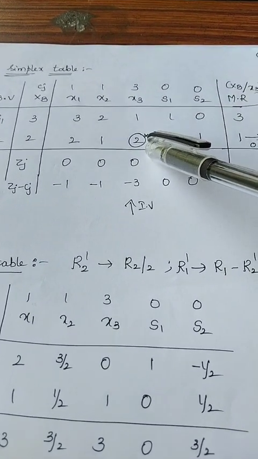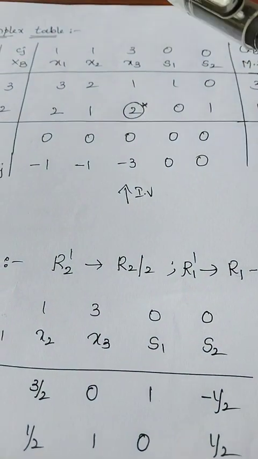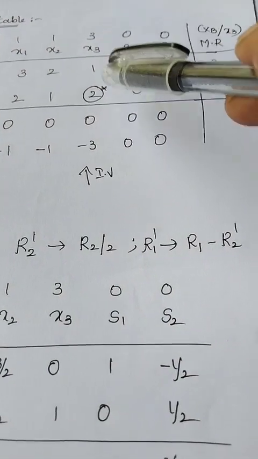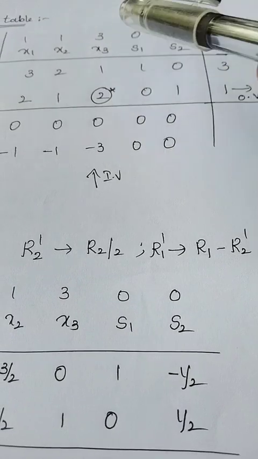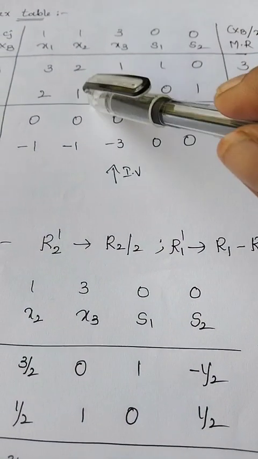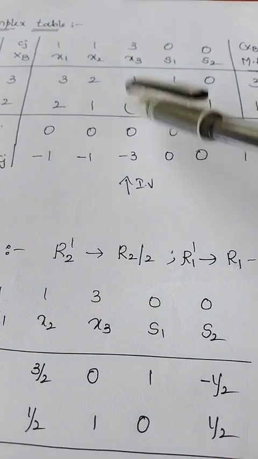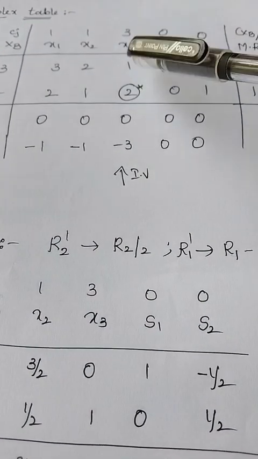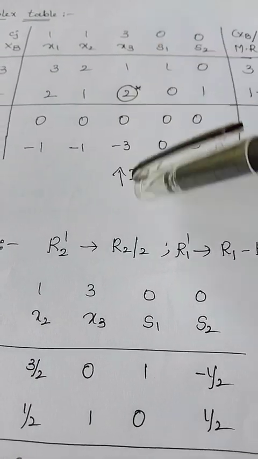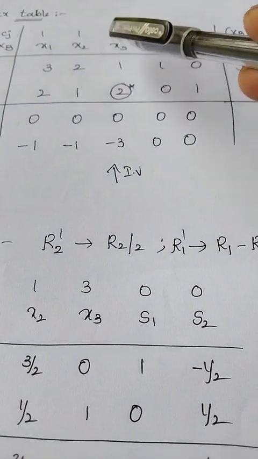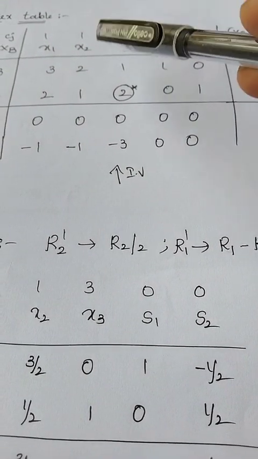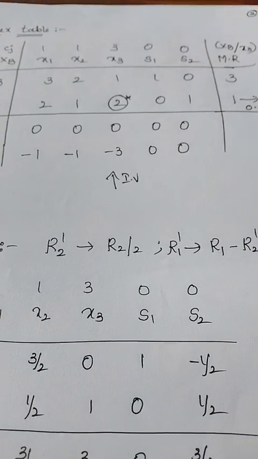The incoming variable and outgoing variable intersected at this value. The key element should be made 1, and whatever the values are there in that column, that means in the key column, this value of 1, you have to make it 0 by using the row operations.